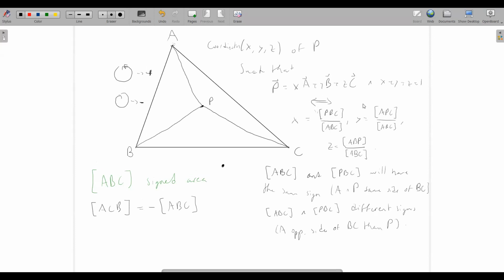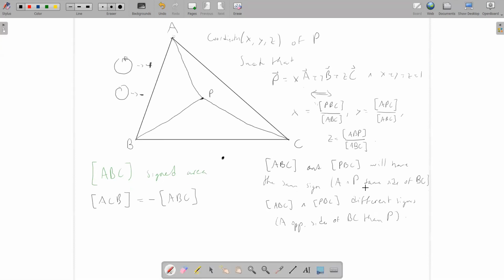This is just an interesting observation, which is that this tells you when a point is on the inside of the triangle, given its barycentric coordinates. In particular, P equals (x, y, z) is inside triangle ABC if and only if x, y, and z are greater than 0.